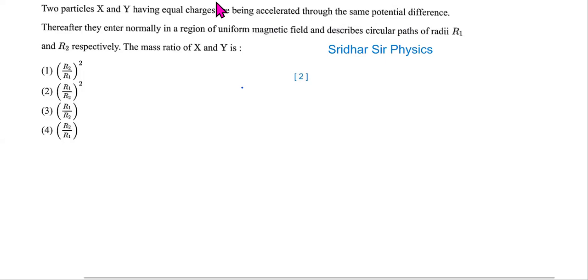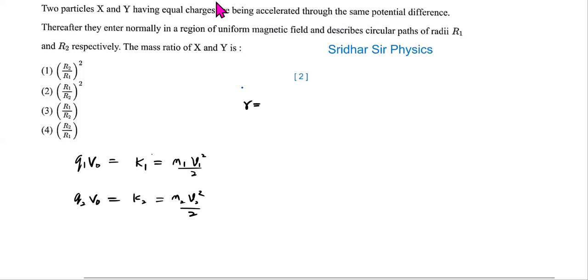So basic electrostatics: if a charged particle is accelerated through a potential difference, q1 V naught equals the kinetic energy, let it be k1. For the second, q2 V naught equals k2. Kinetic energy is m1 v1 square by 2, m2 v2 square by 2.